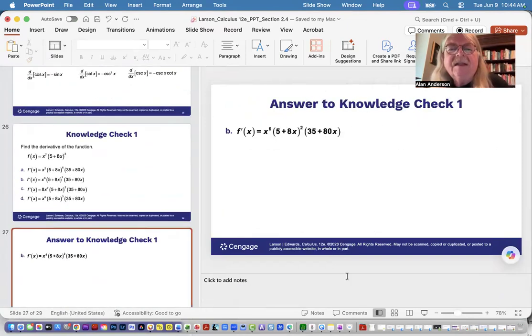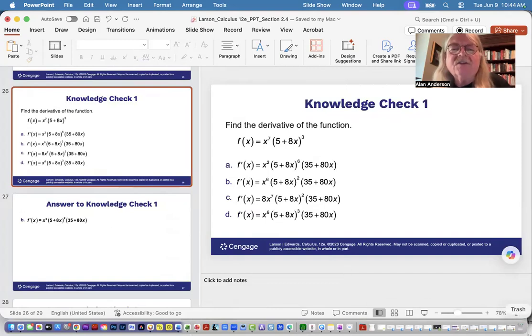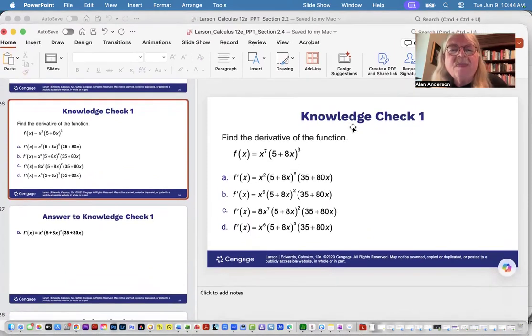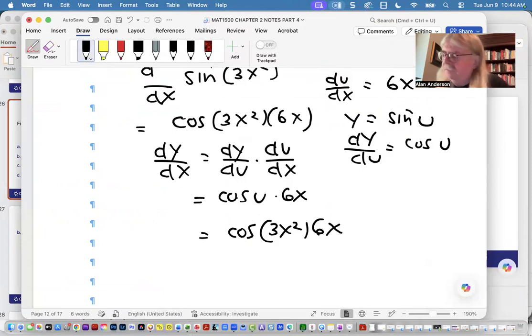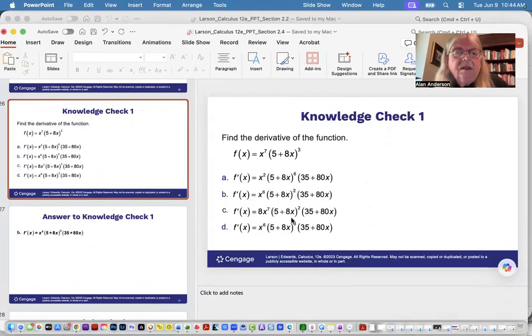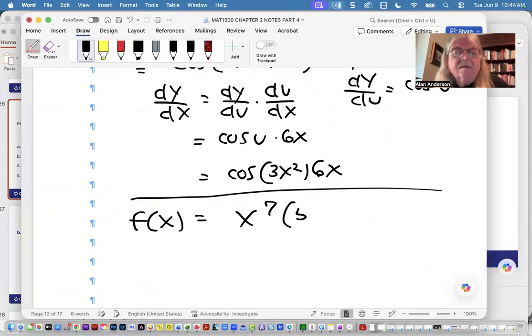And then we also have this final knowledge check. This is the last one that we skipped over. I thought it might be a good idea to give you some time to practice with it, but we may as well get it done now. Let's see. f of x times g of x, with f of x being x to the 7th.